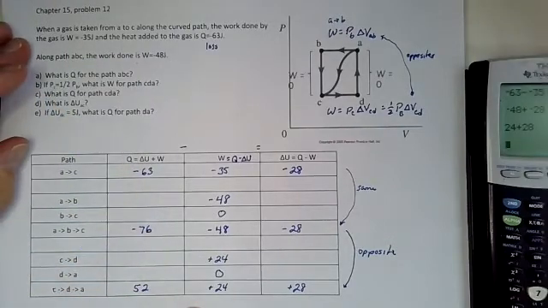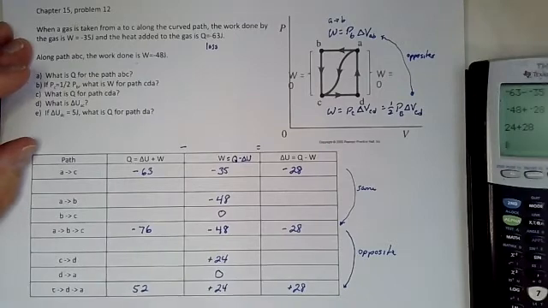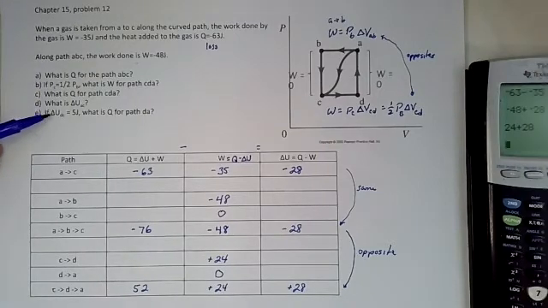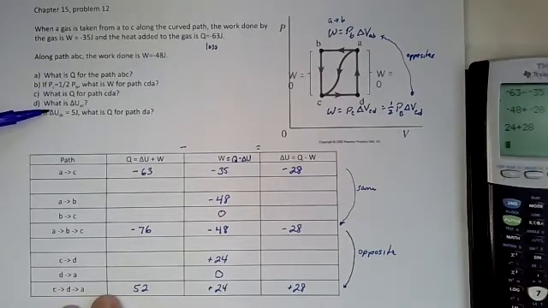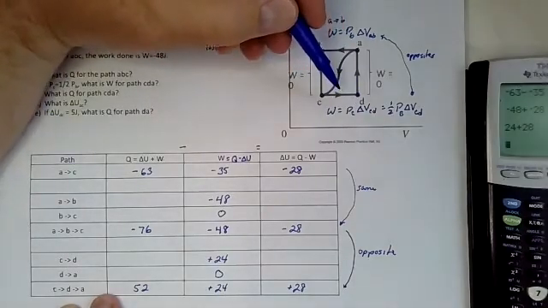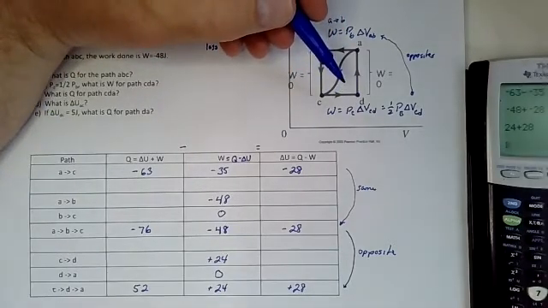All right. Excuse me. Anything else that we know? Oh, there's this weird one right here. Delta U D to C. Well, that's kind of interesting. It says delta U going from D to C, so going this way, is 5 joules.